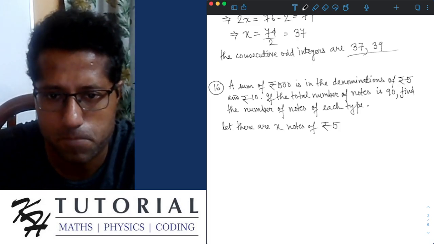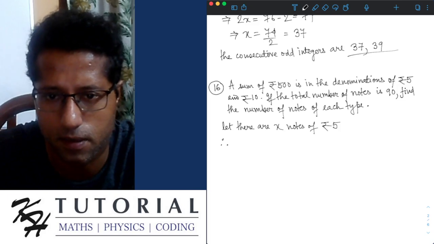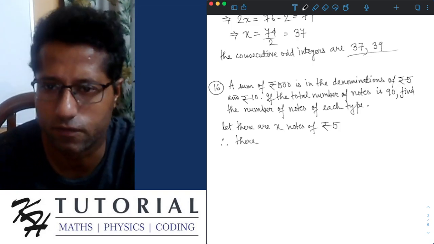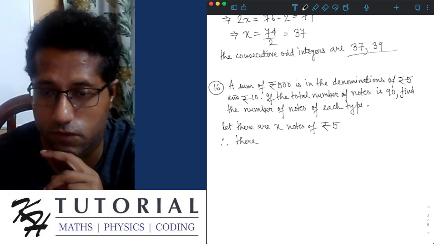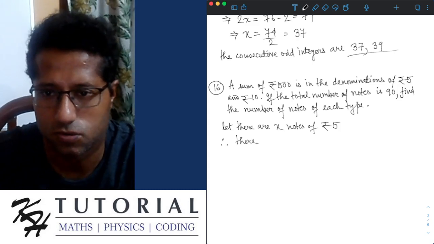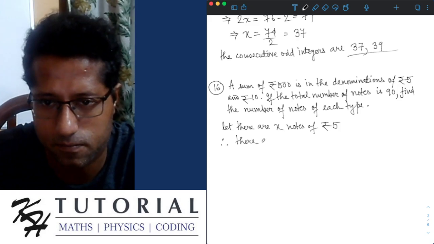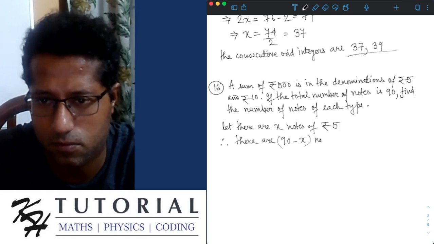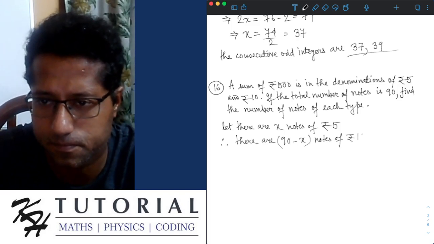Now, since it is given that the number of notes of rupees 5 and the number of notes of rupees 10 together, the total number of notes is 90, we can say that there are 90 minus x notes of rupees 10.